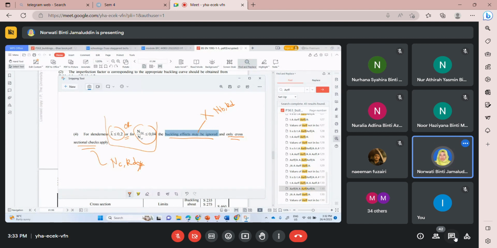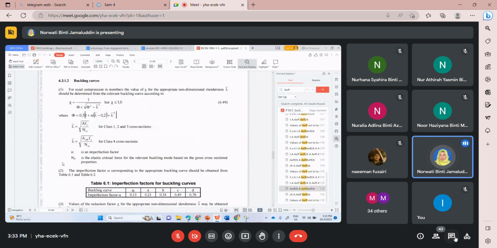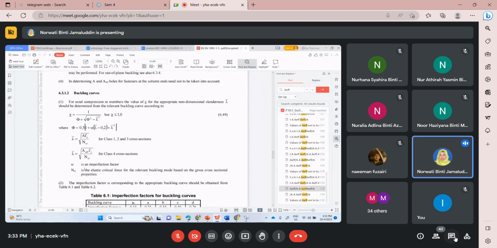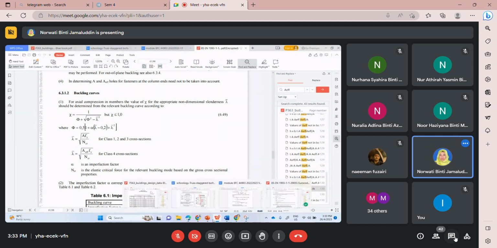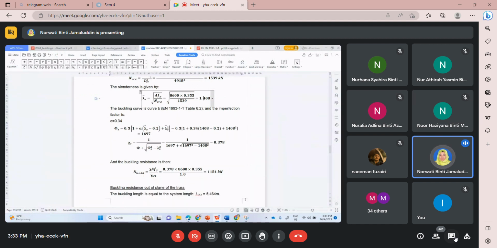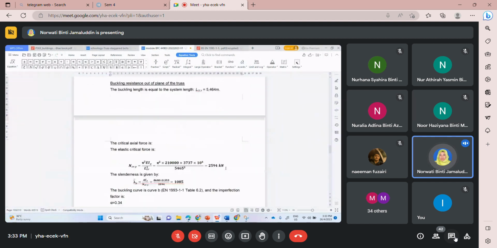Once you assess this, you can know whether you have to perform NbRd or not, since NbRd is quite tedious, right? The process is quite lengthy. There are a lot of things that you need to compute and refer to.